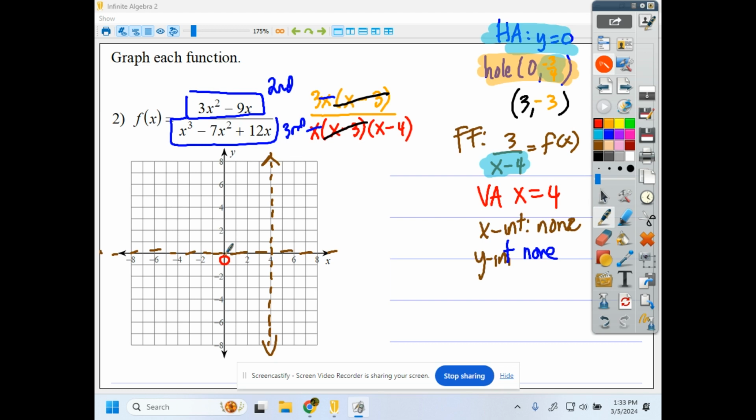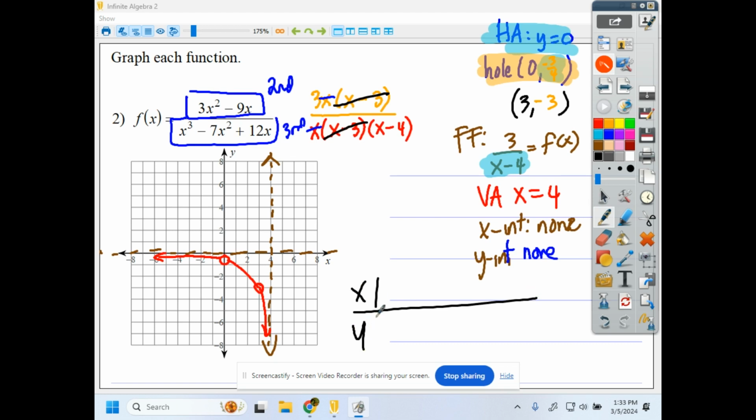And you have (3, negative 3), 1, 2, 3, negative 3 right here. Those two are the holes. You can tell already that this will get closer to the asymptote. This gets closer to the asymptote. And you can connect this to here.